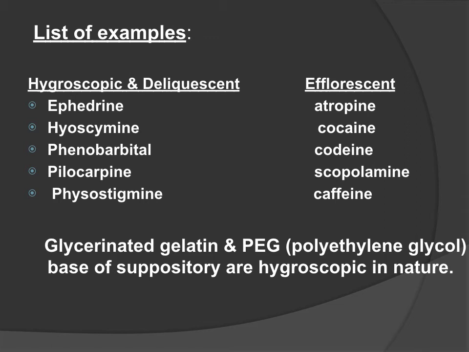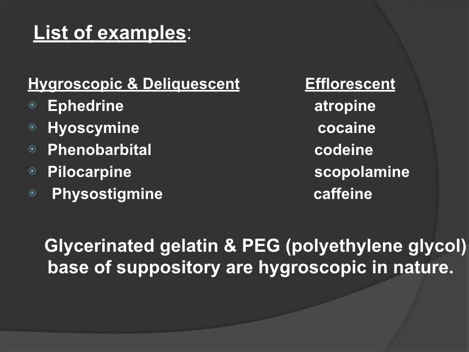Many drugs are hygroscopic or deliquescent. On the other hand, there are many drugs that are efflorescent, like atropine and cocaine. But the most important thing is that some important excipients, like polyethylene glycol and glycogelatin, are hygroscopic. Glycogelatin is used as a base for suppositories. Polyethylene glycol is also used as a base for suppositories. So most of the suppositories in the market are hygroscopic.